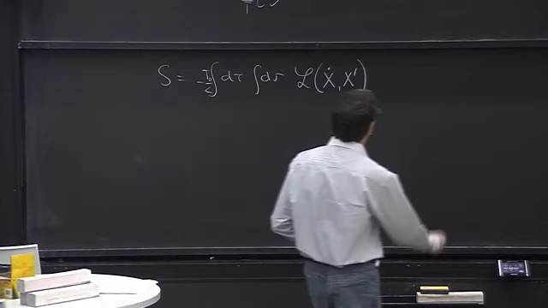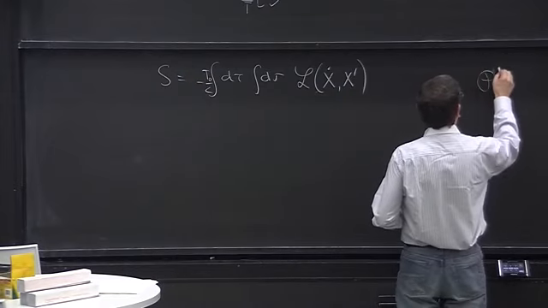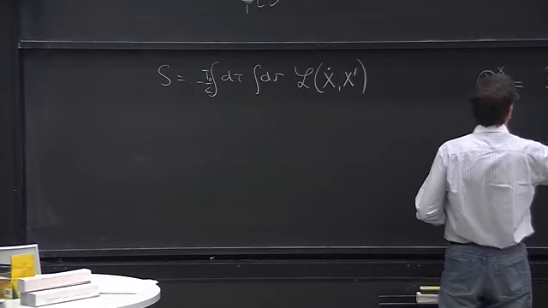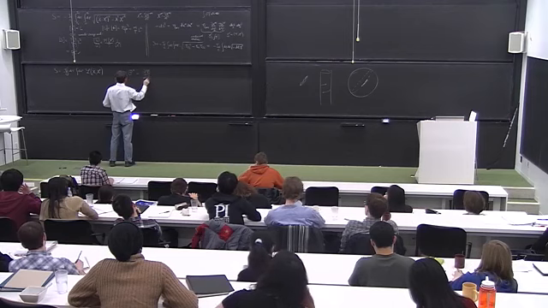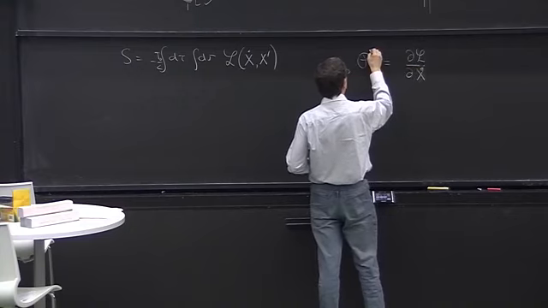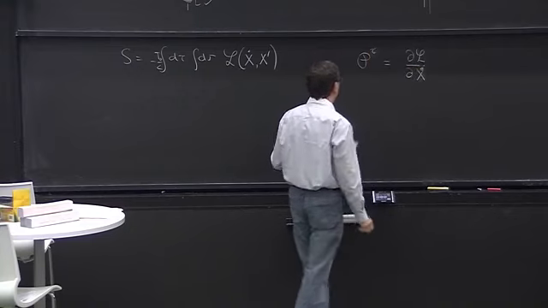And then we define p x to be, don't copy this yet, dL with respect to y prime. Well, we'll do it here with respect to x dot. And since we're doing time, we'll call it tau, p tau.